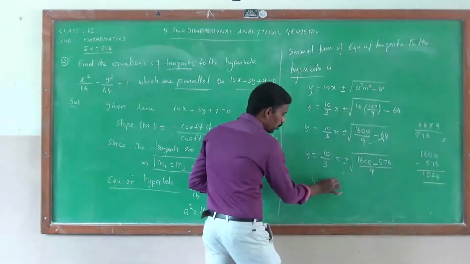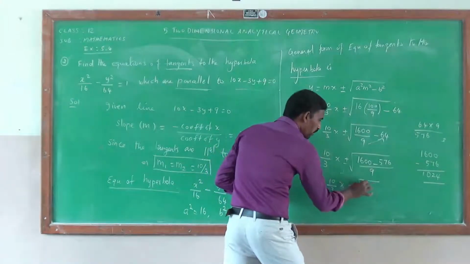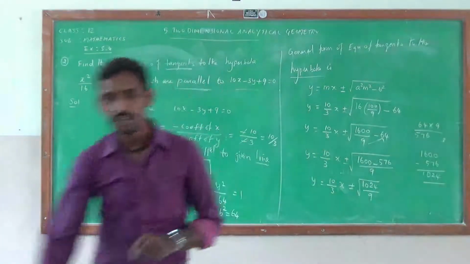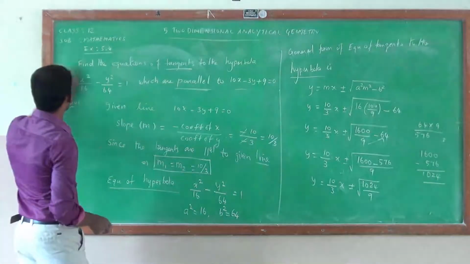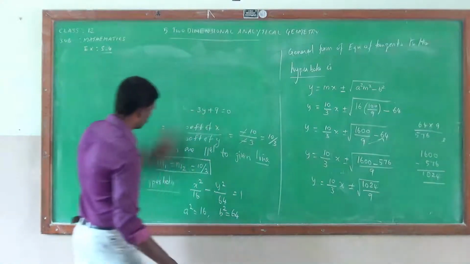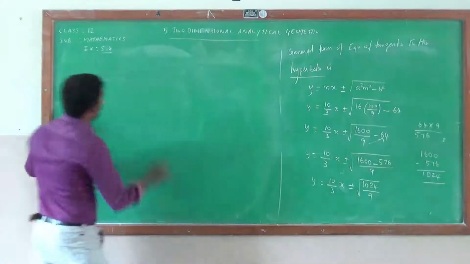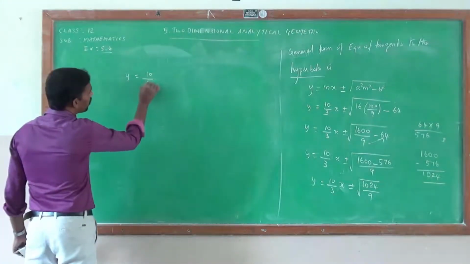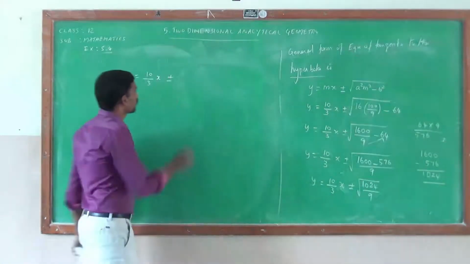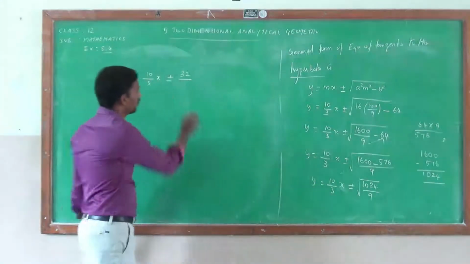So y is equal to 10 by 3 into x plus or minus square root of 1024 divided by 9. Square root of 1024 is 32, divided by square root of 9, which is 3.